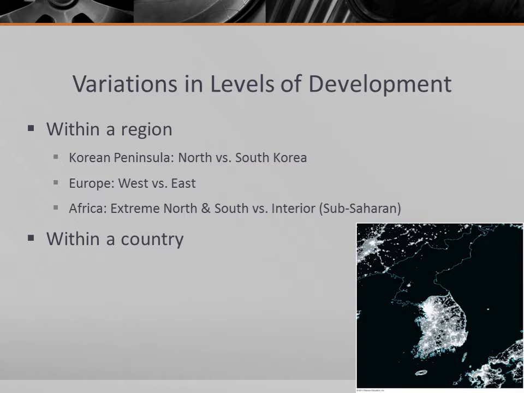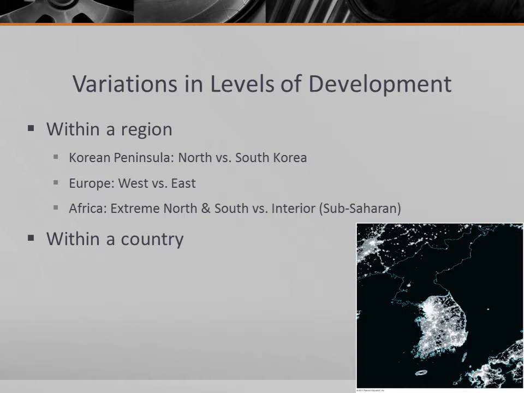As we go through these other examples, I want you to identify which ones are more developed and which ones are less developed. For example, you see Europe there, East and West. Which one is more developed, East or West? Which one's less developed? In Africa, the extreme north and south. Now we're starting to get a little bit more detailed than we've been in the past, because in the past we've just said that sub-Saharan Africa is less developed.